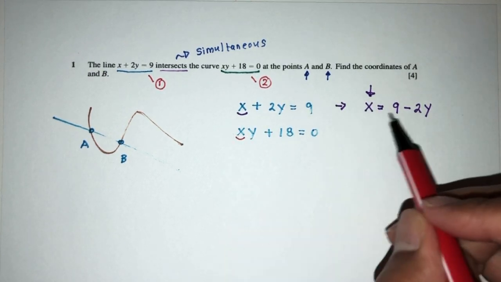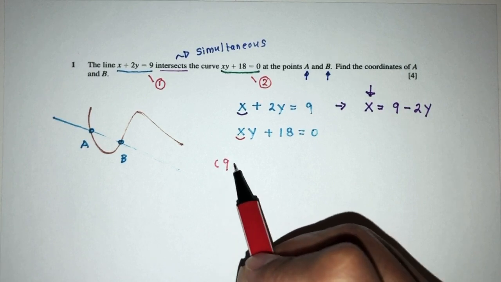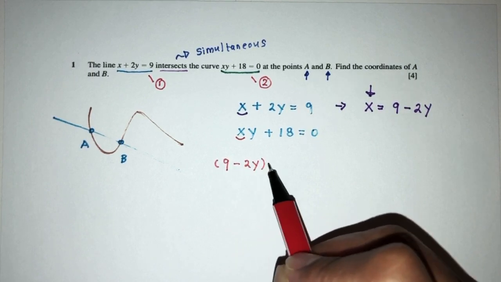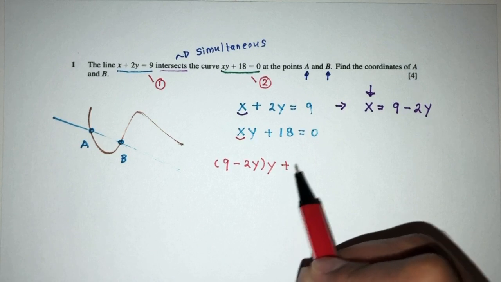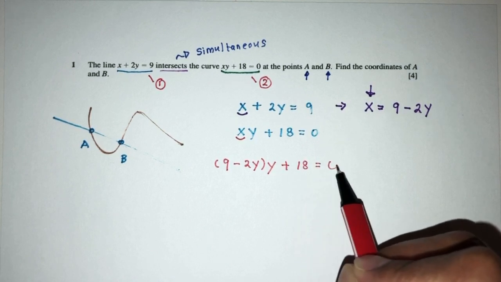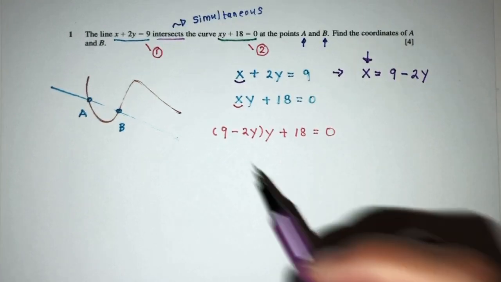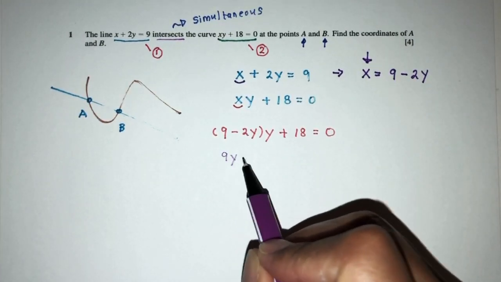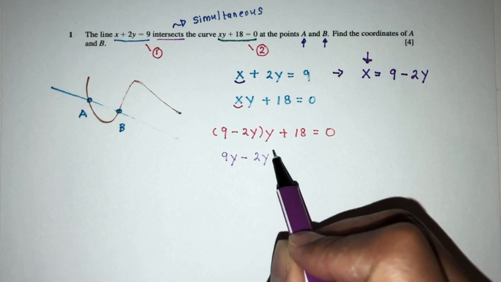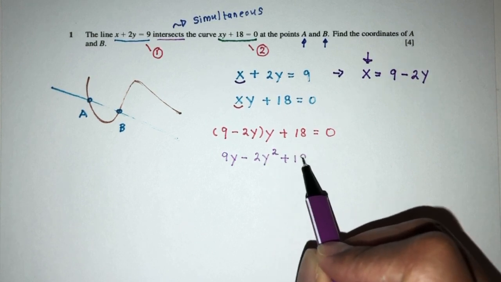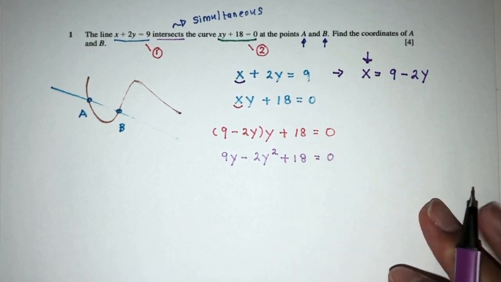So I know x is also equal to 9 minus 2y, times x times y, and plus 18 is equal to 0. Now we have to solve this. Let's try to solve this. So you will have 9y minus 2y squared plus 18 is equal to 0.